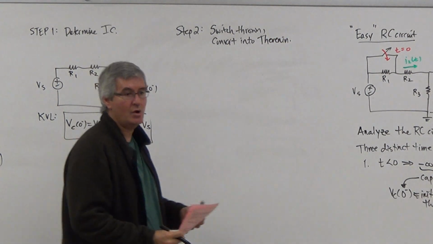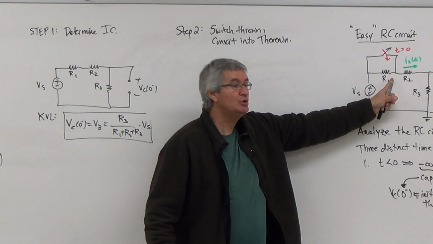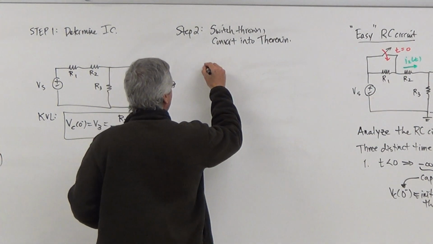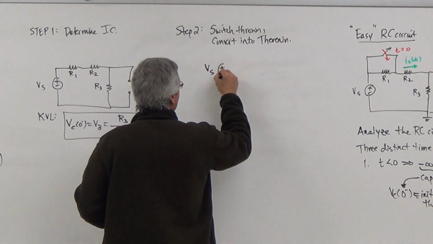So when I throw this switch here, I'm losing R1 now. So what you're seeing here is that my circuit now looks like this.